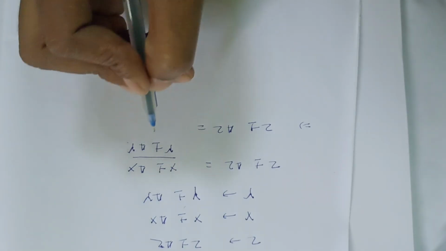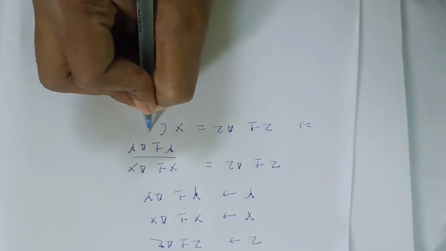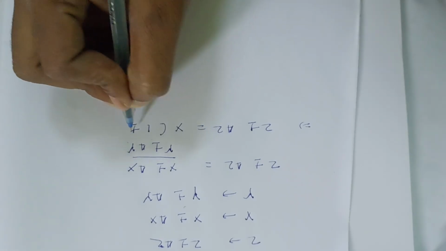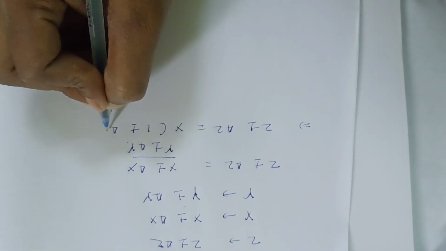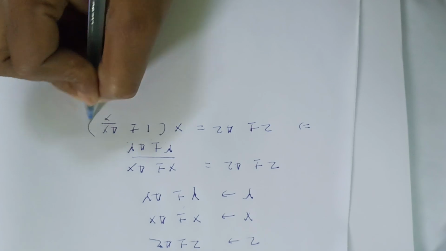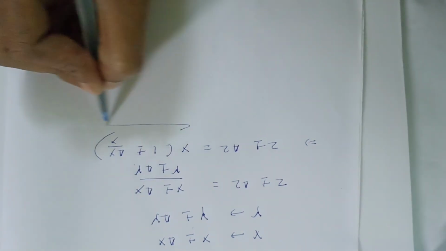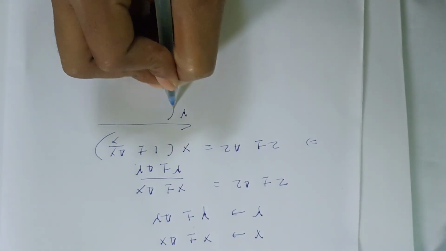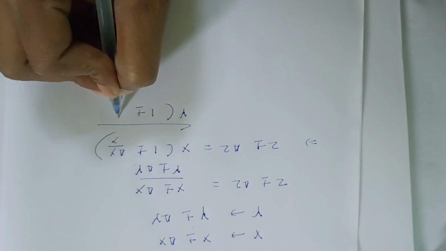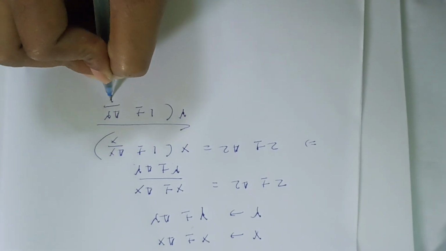In the numerator we take x common, then 1 plus minus delta x by x, and in the denominator y common, then 1 plus minus delta y by y.